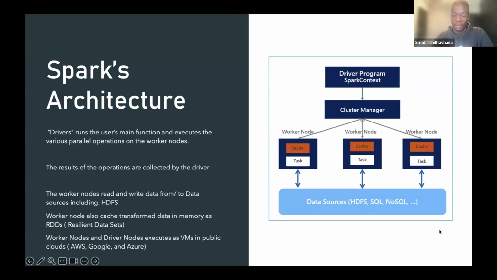You have your main data coming from the data source or file system, such as the Hadoop Distributed File System, and then the data is distributed equally throughout the workers or slaves. For each worker, we temporarily mount the data so that when we're performing a task, we don't have to continuously go back to the main data source.